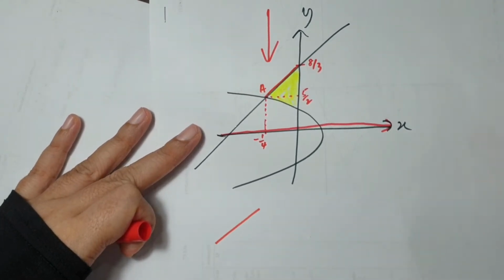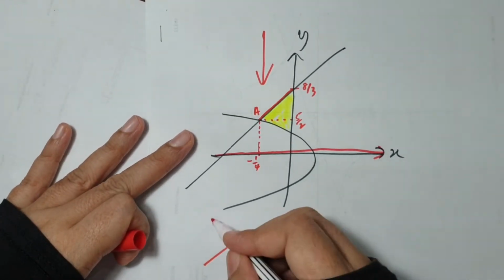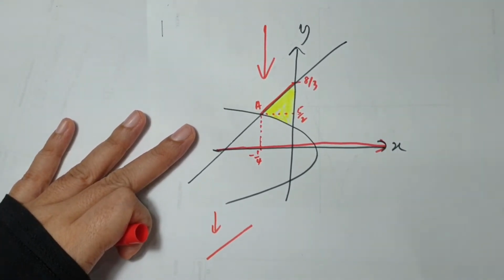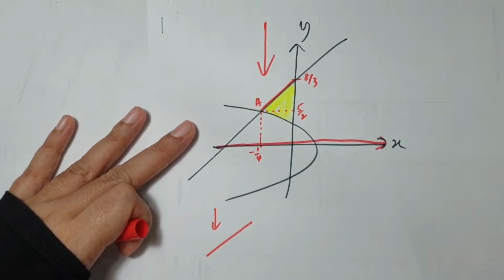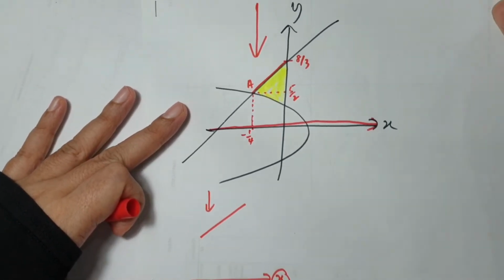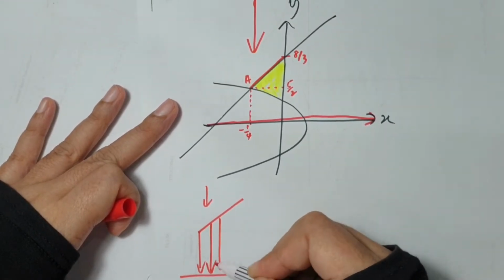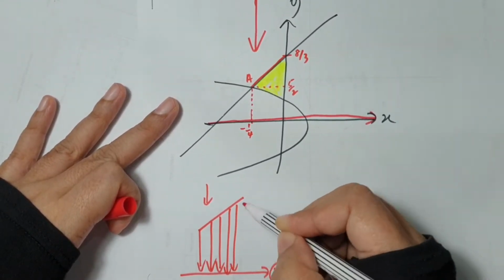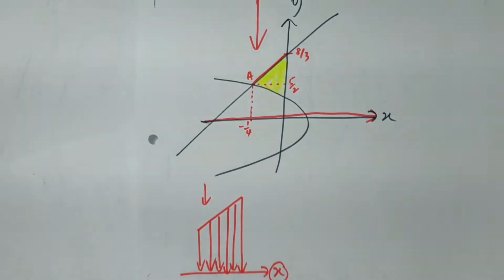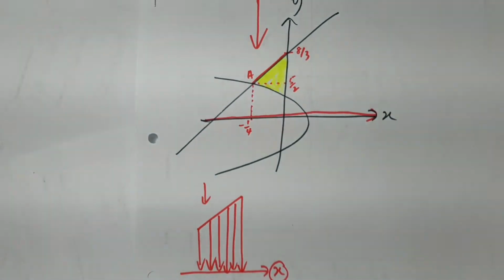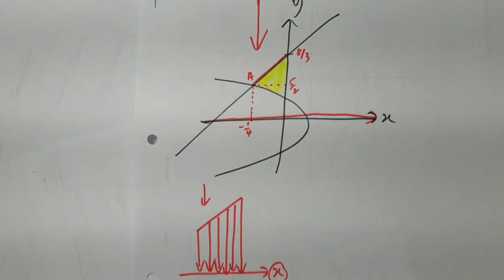This is the straight line, and this is your x-axis. Under the straight line, you can see we have a trapezium shape.